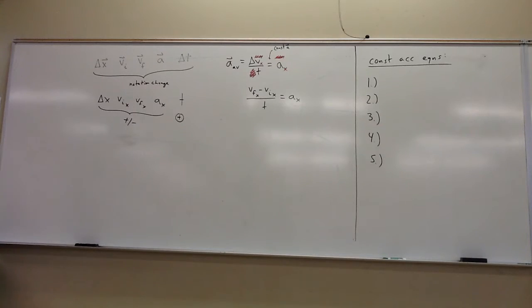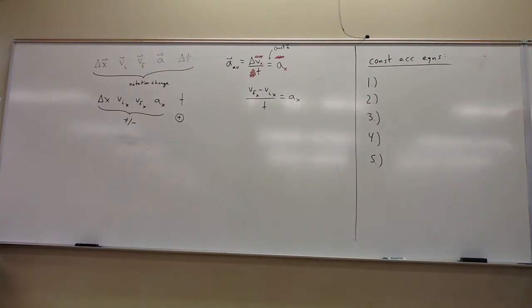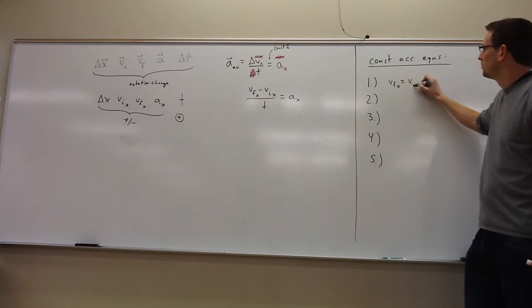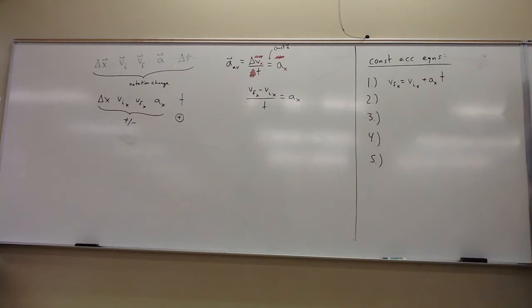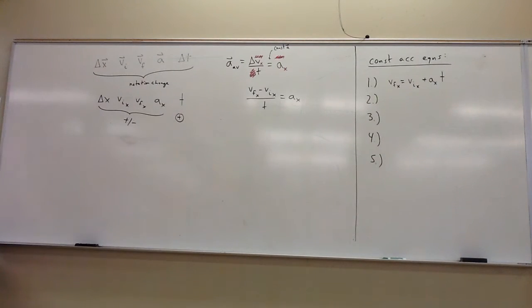That would be perfectly fine, but for practical purposes, it's solved for v final. So that's equation number 1. We're basically just taking what we already talked about and reformatting it. Equation number 1 is really just a rearrangement of the definition of acceleration.